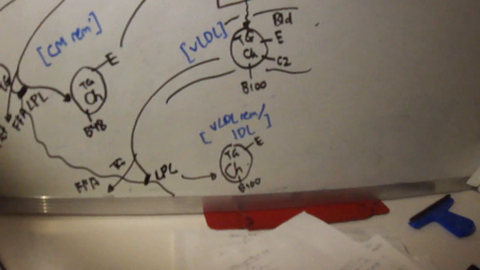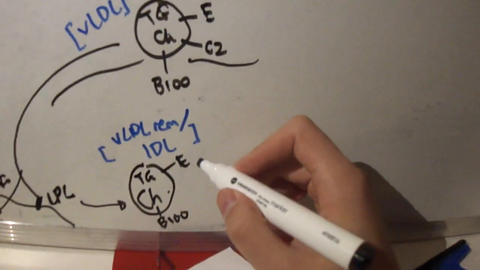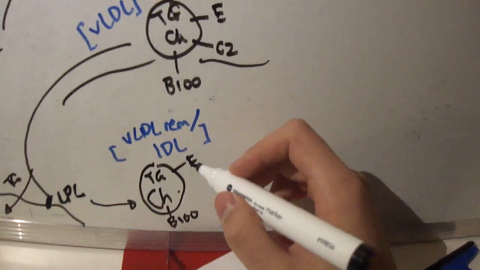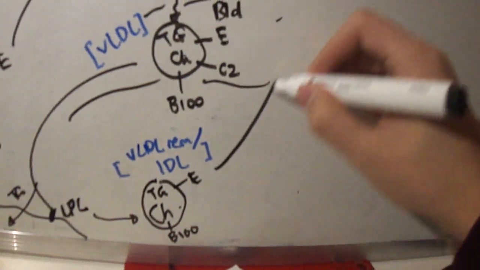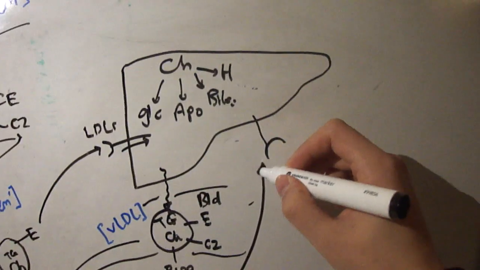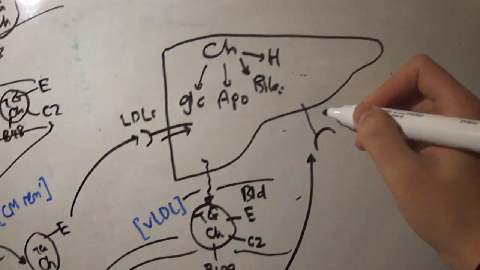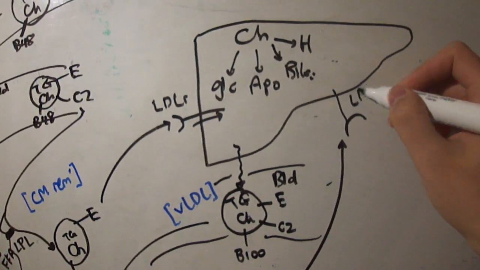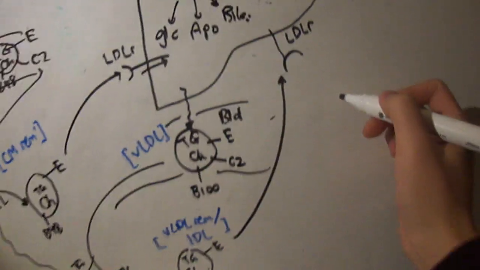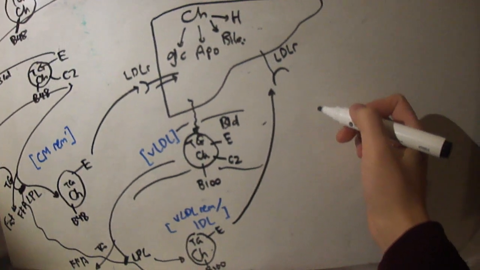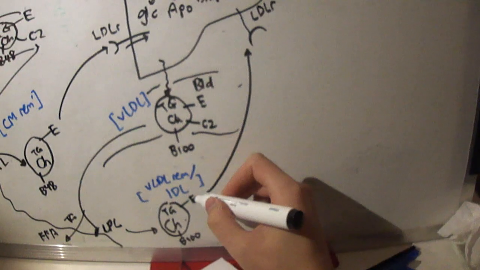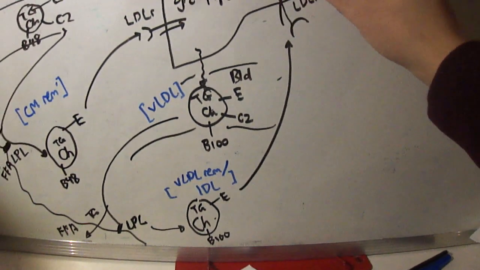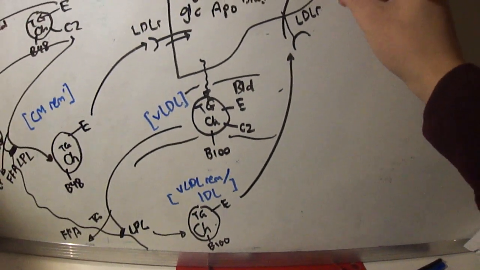Now what happens is that the ApoE receptor on the IDL tracks it back to the liver, to a receptor called the LDL receptor. 50% of the IDL gets taken up into the liver.